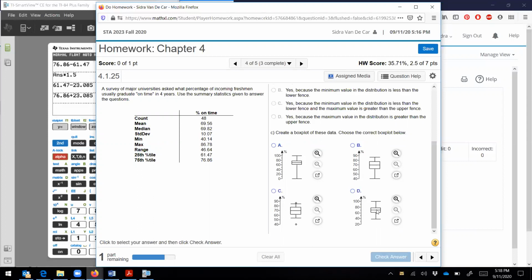Now we're going up to a maximum of 86, so it should be less than the 90, which would be correct here, but not here, because those both go to 100. And the lower whisker should go down to this min value, which is 40.14, which it does here, not to 0 and not below 40. So we want to choose option B as the box plot.